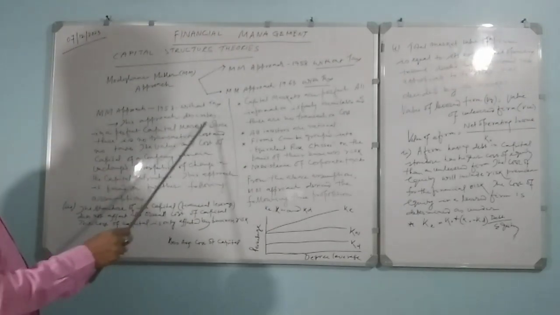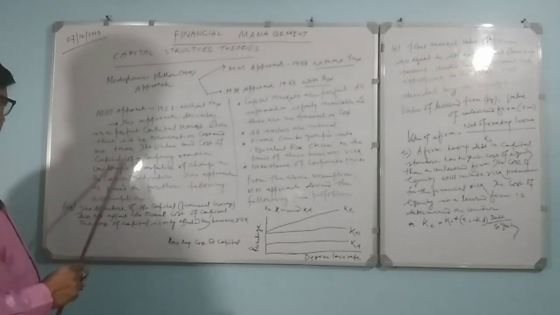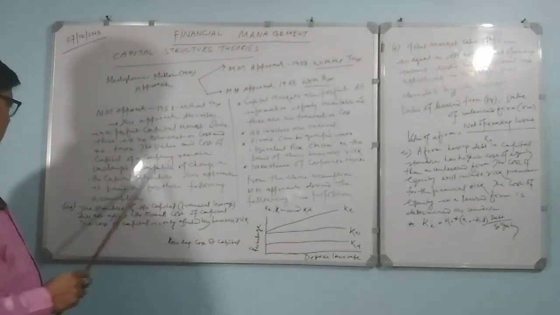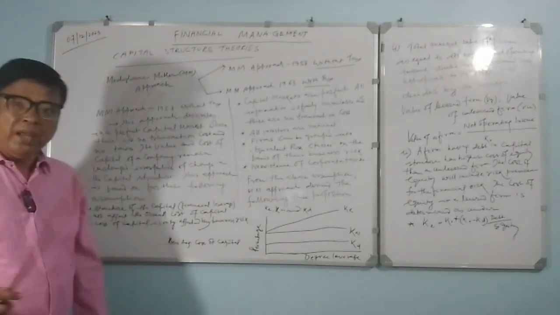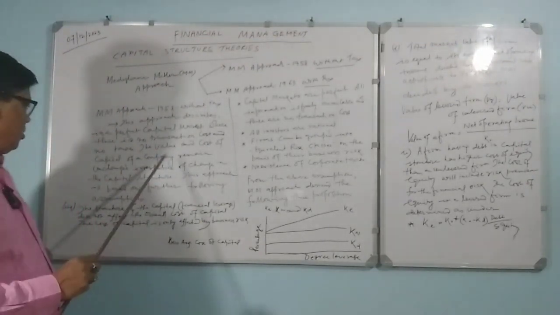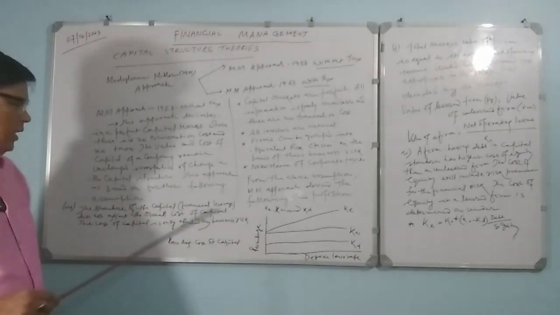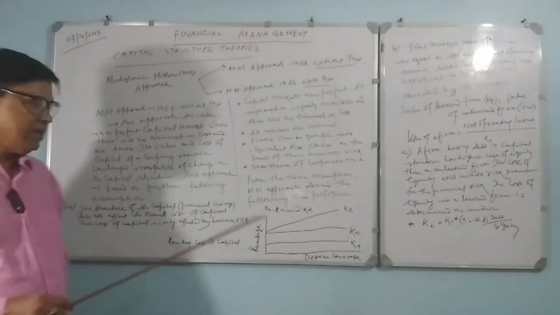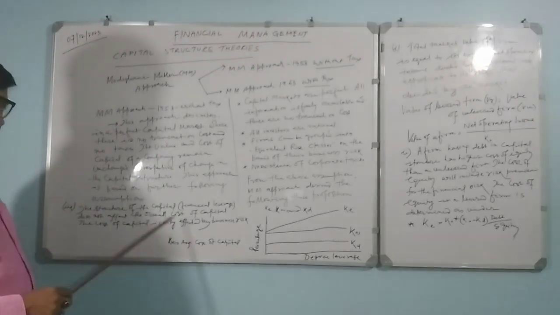The value and cost of capital of a company remain unchanged irrespective of the change in the capital. Whatever way you change the capital structure, your value and cost of capital will not change.